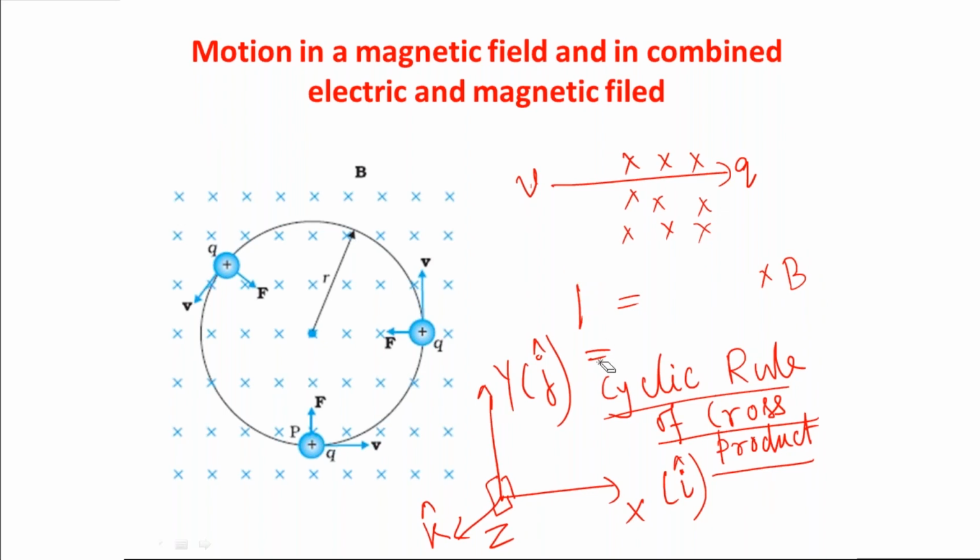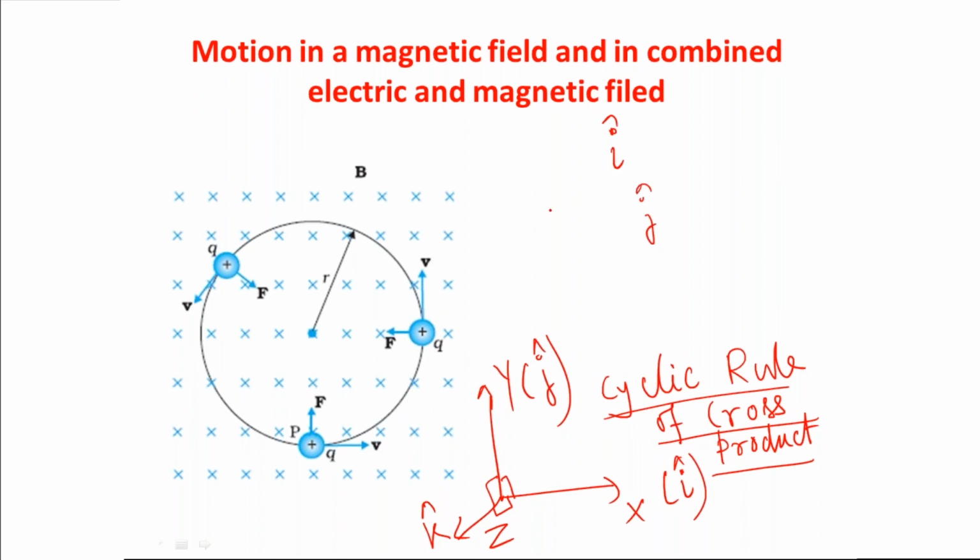Let us see what this cyclic rule is saying. See, cyclic rule is saying that if I write i cap, j cap, and k cap like this, and if you go from i to j like this, generally we have to go in a clockwise direction like this.